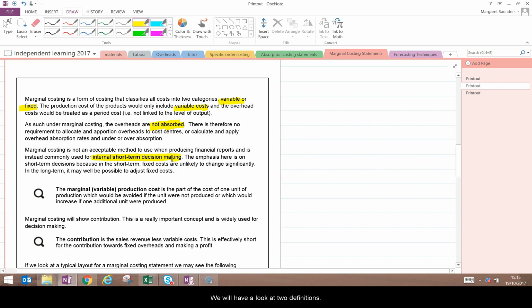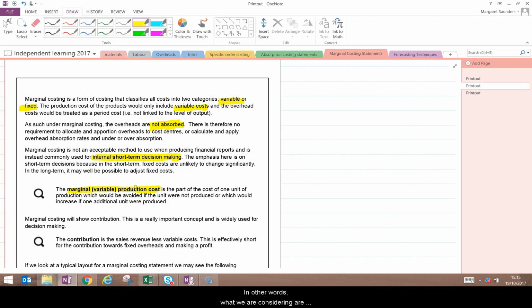So we'll have a look at two definitions. When we are talking about the marginal cost, which can also be referred to as the variable cost, we are considering how much it costs to produce 1 unit of the product, and those costs would be avoided if the unit were not produced.